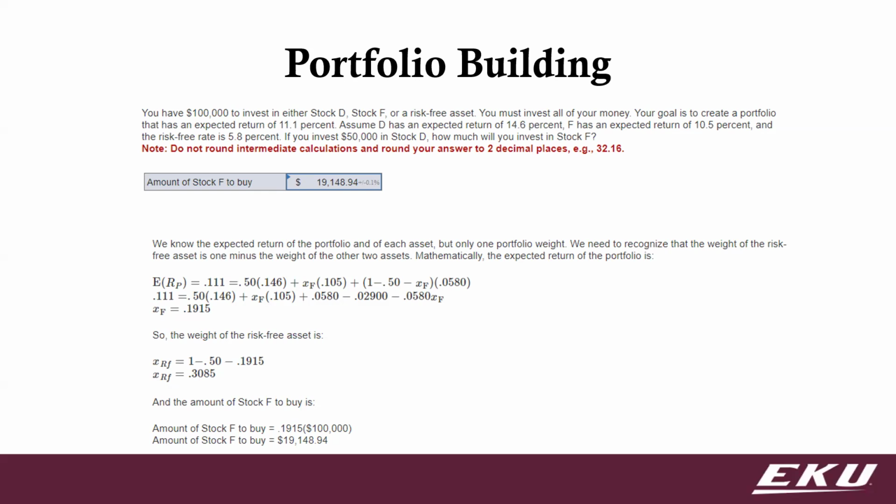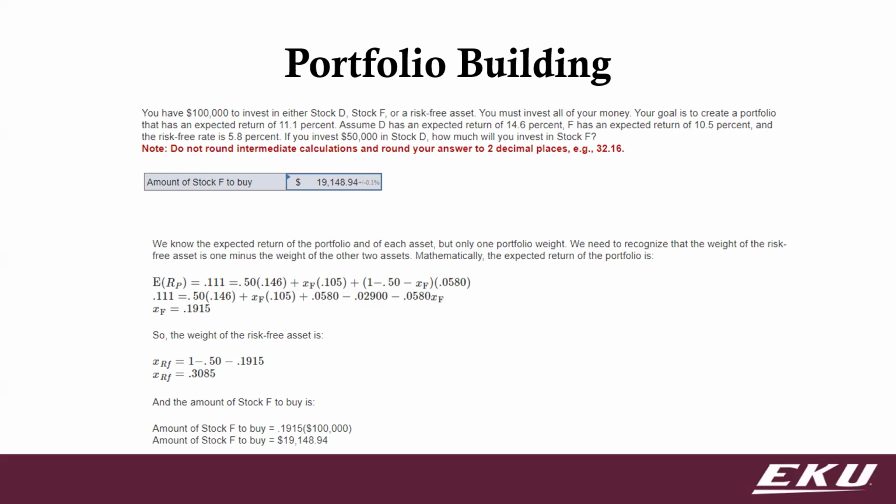So we know that we're going to set this equal to 11.1% is equal to 50% of D plus some percentage of F. And then the remaining percentage of 1 minus what's in D minus what's in F is our risk-free. And then we would multiply that by the return of the risk-free.